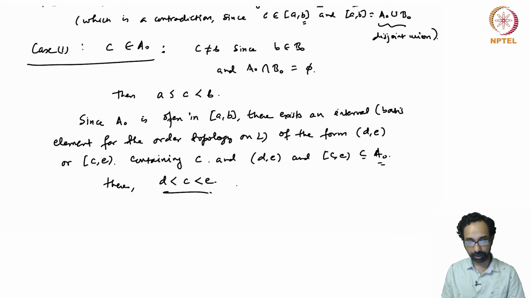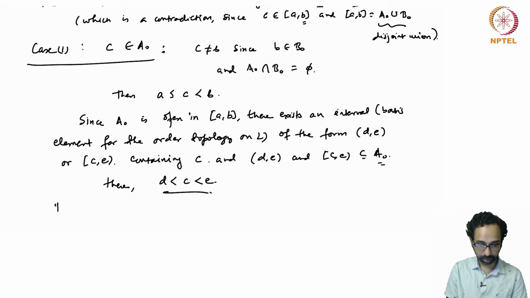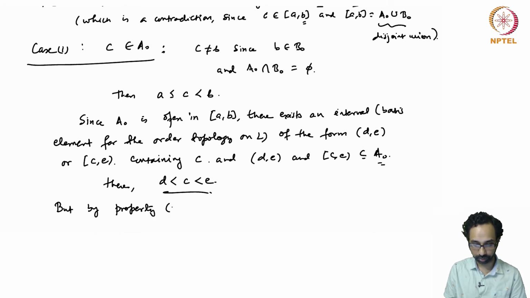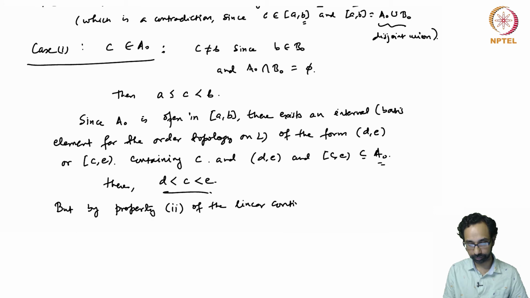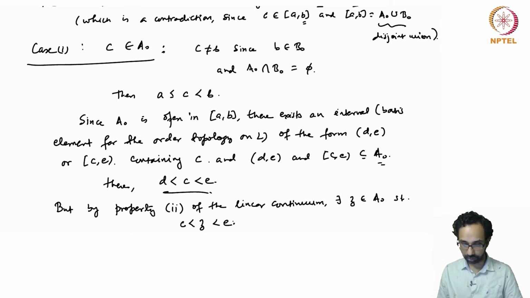But by property 2 of the linear continuum, there exists a point Z in A0 such that C is less than Z is less than E. Just taking a point in this interval which is strictly greater than C and strictly less than E, by property 2 of the linear continuum, we find such a Z.